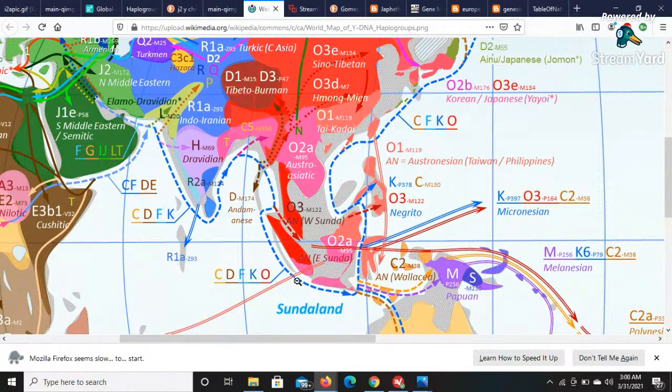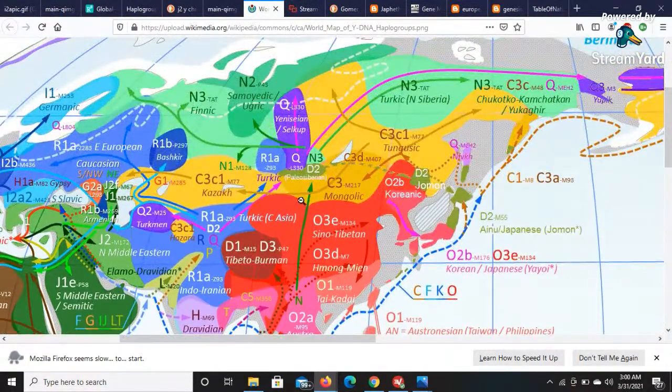Austronesian, Austronesian Sunda, Austronesian, I guess that's what that is. Austroasiatic. Anyway, this is the greatest population in the world, the O, and the N separated from the O.